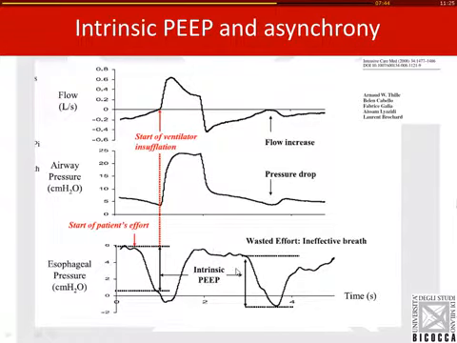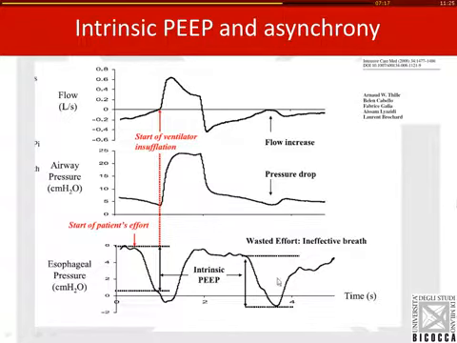Even worse, what happens is that if the intrinsic PEEP is so high, the patient is not able to overcome it, we would have just a bump here in the flow. All the patient is able to do is create a bump here in the flow, a bump in the airway pressure, but there is no triggering of the ventilator. This is a wasted effort.